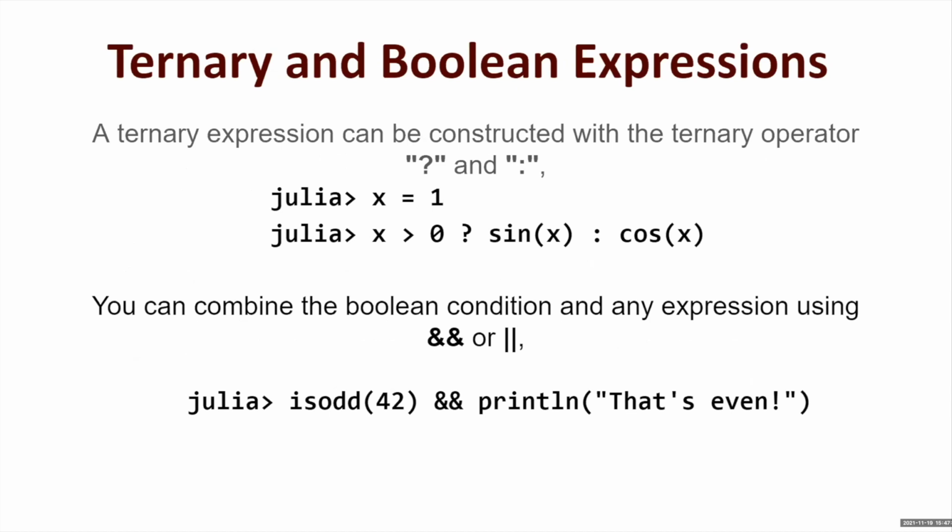If it's greater than 0, the first statement, after the question mark and before the colon, will be evaluated. If x is less than or equal to 0, the cosine x, which is after the colon, will be evaluated. That's ternary because you have 3 parts. Ternary, I believe, means 3. I remember it's Latin or Spanish.